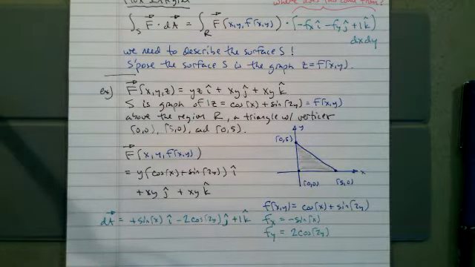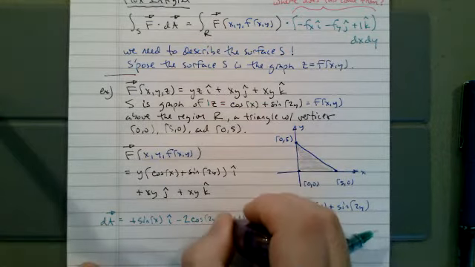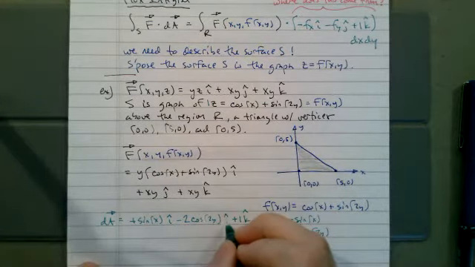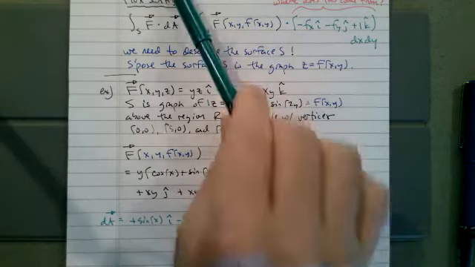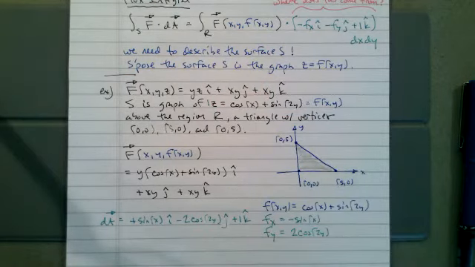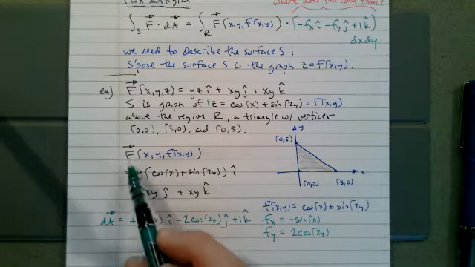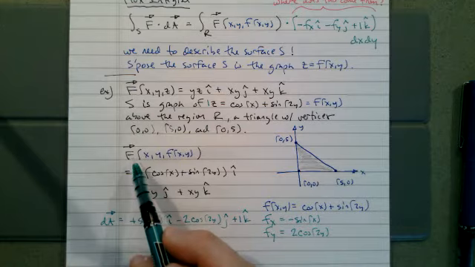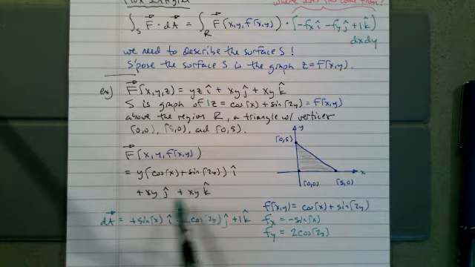So here we took derivatives to get something for dA, just like we did in a line integral, where we took derivatives to get the dr. Now we write the integral of the dot product of f evaluated at the function, at the surface, dot dA.